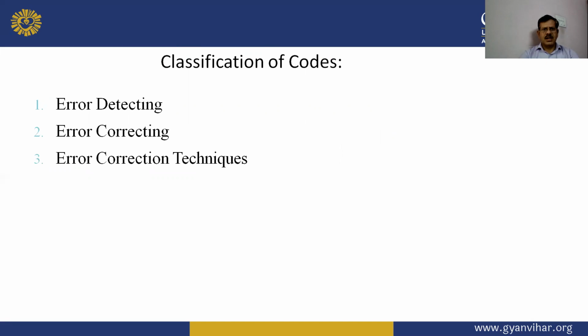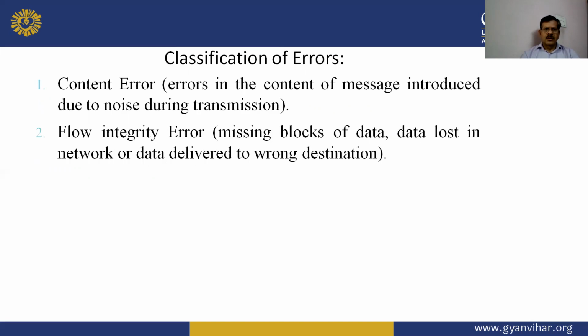Next, what is the classification of codes? So there are three types of classification. First one is error detecting, second one is error correcting, and third one is error correcting technique. So these are the classification of codes. Next, classification of errors.